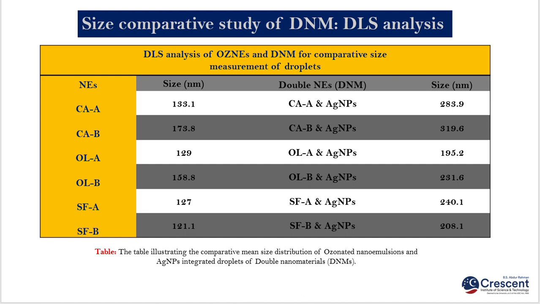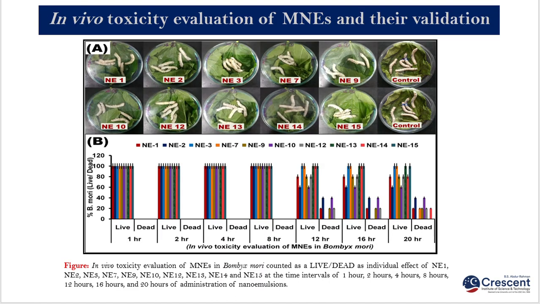We even tried to use this nano emulsion to check toxicity in a different way. One way we used Bombyx mori, the silkworm, to check the toxicity of this nano emulsion. You can see more healthy Bombyx mori here.